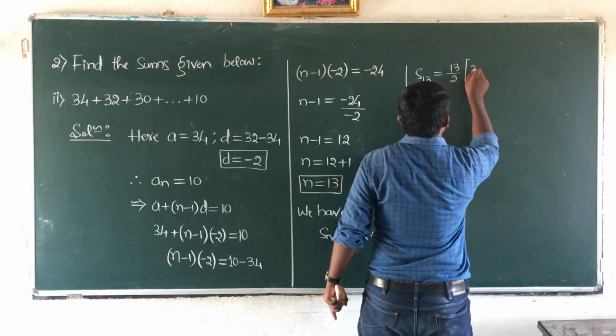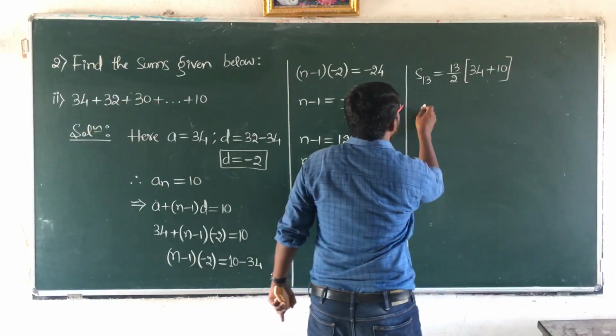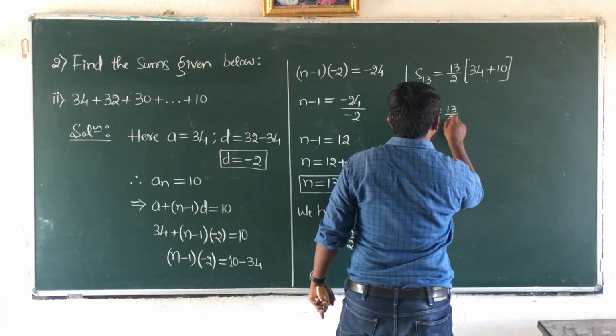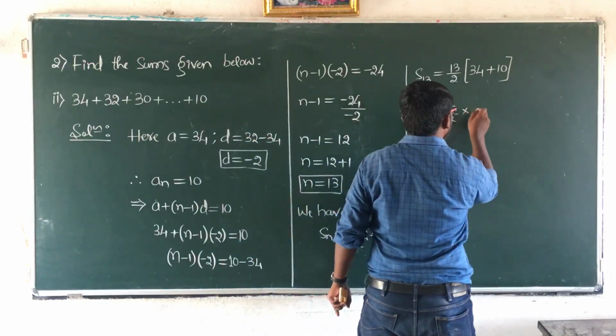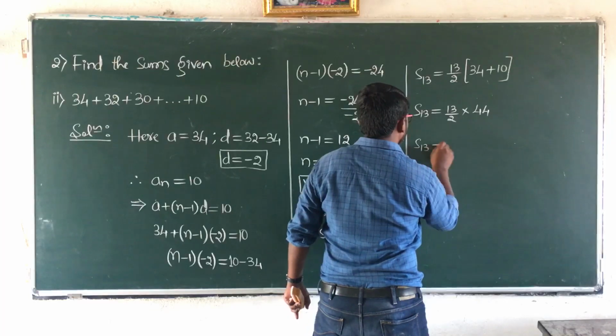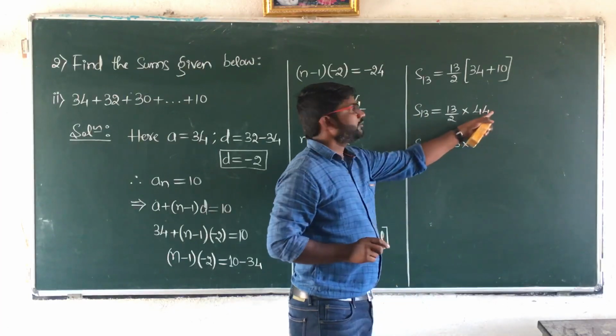So 34 plus 10. So now S13 is equal to 13 by 2 as it is into what is 34 plus 10? It is 44. Now S13 is equal to 13 as it is into 2 ones are 2, 22s are.